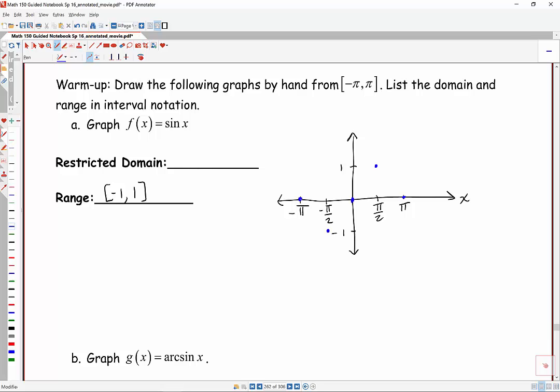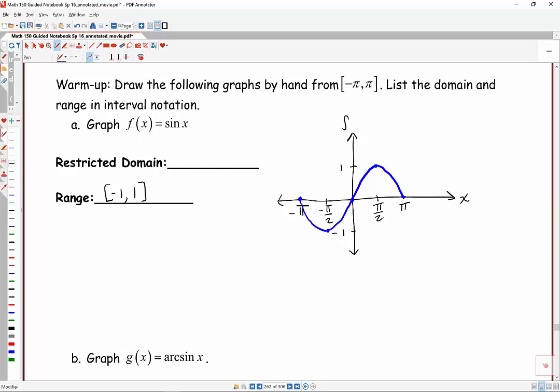And then you've got your nice sine wave. And you got something going on like that. Okay, so here, this one is our f at x.